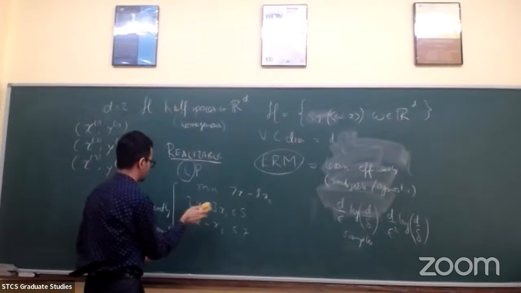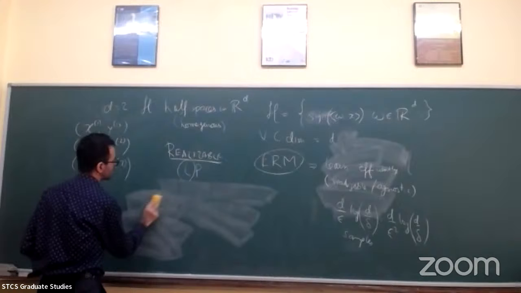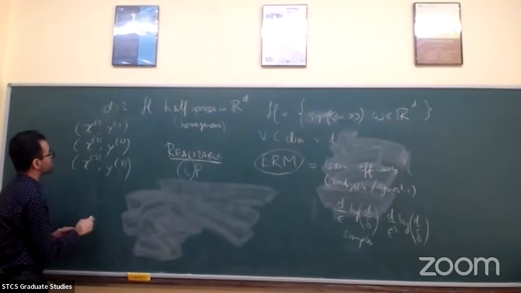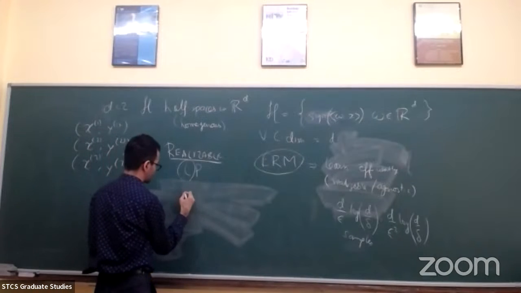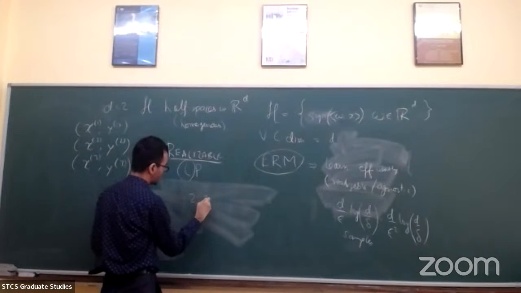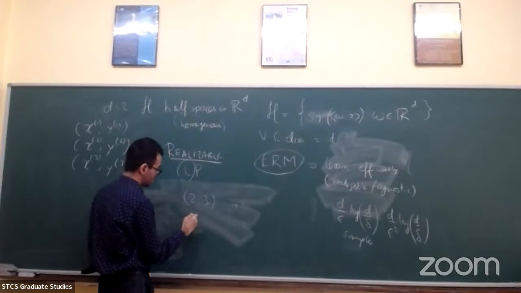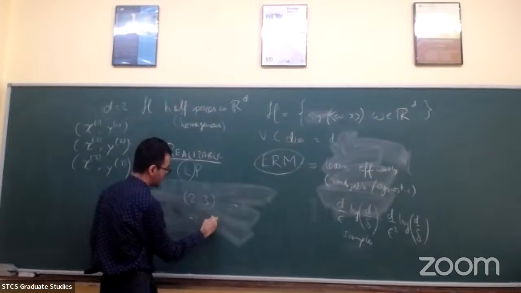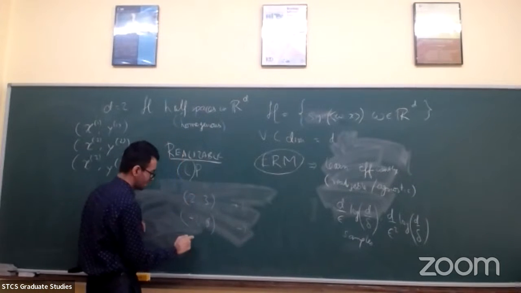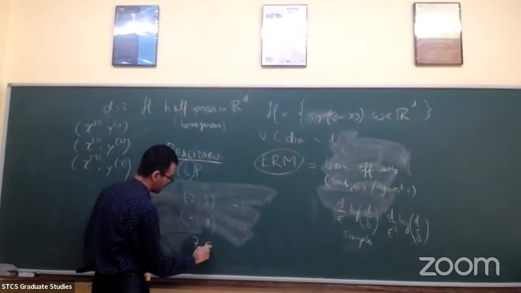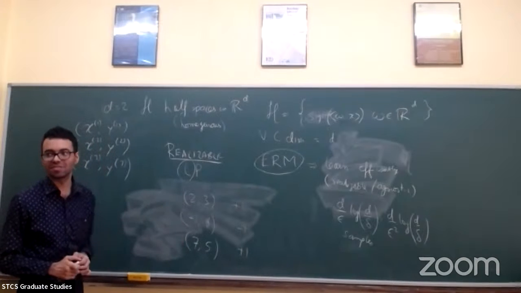Okay, I'll erase this. So maybe your examples were (2, 3), which had the label +1; (-1, 8), which had the label -1; and (7, 5), which had the label +1.